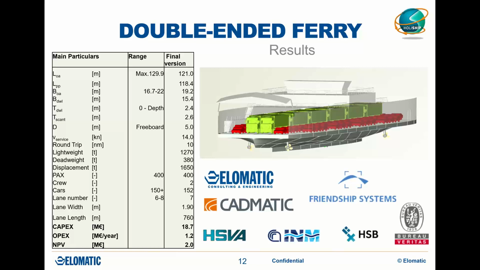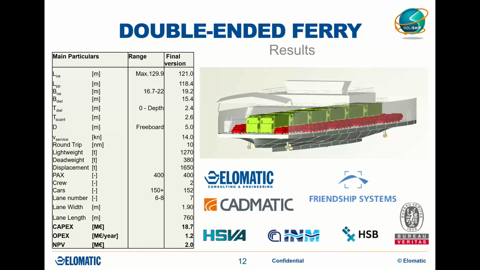In our entry design, we had 7 car lanes, and they were only on deck 2, because deck 3 was at the end reserved for passenger flow and the emergency assembly stations as required by classification societies and IMO.